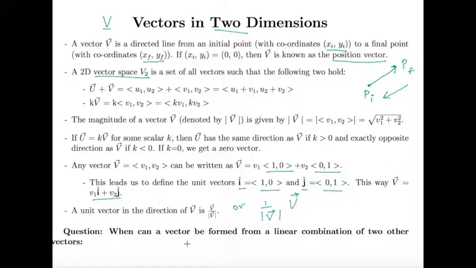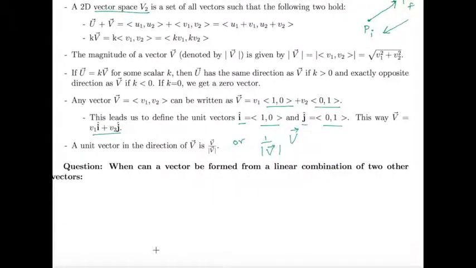Okay, now we are interested in the question: when can a vector be formed from a linear combination of two other vectors? It means any arbitrary vectors we choose, and we check whether their linear combination exists for those two vectors or not. So let's say z is some vector, equal to some constant p times a vector u plus some constant q times a vector v.